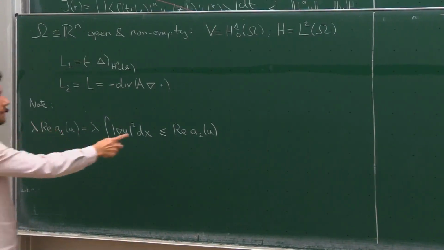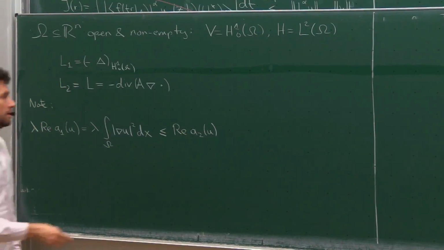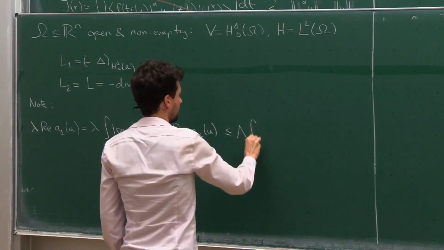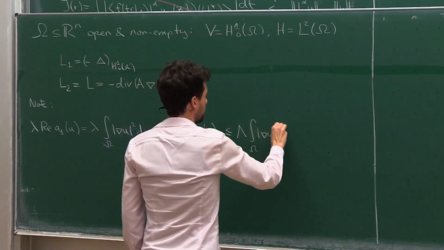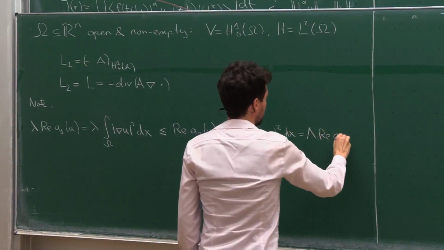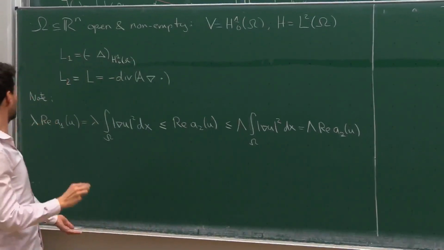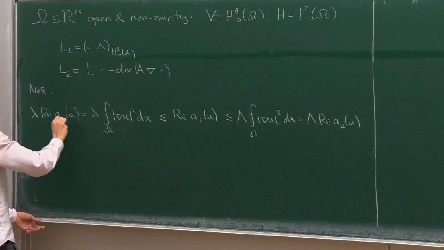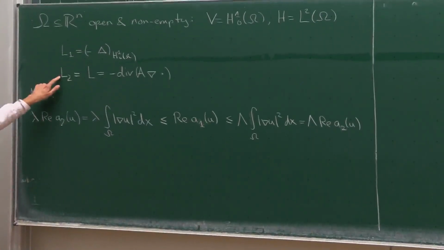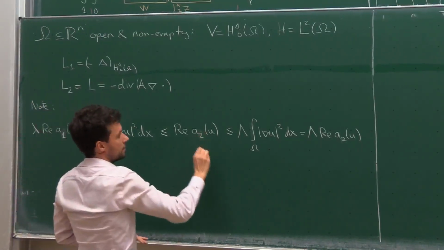And in turn, the form associated with this A2, this was A times grad u, this is bounded by capital Lambda times the integral on omega grad u squared dx. And this is just lambda times the real part of A2. In other words, of A1. Sorry, I mixed up A2 and A1. So this is A1. This is A1, this is A2. A2 is the Laplace. Oh, no, it was correct. It was correct before. Oh, okay.